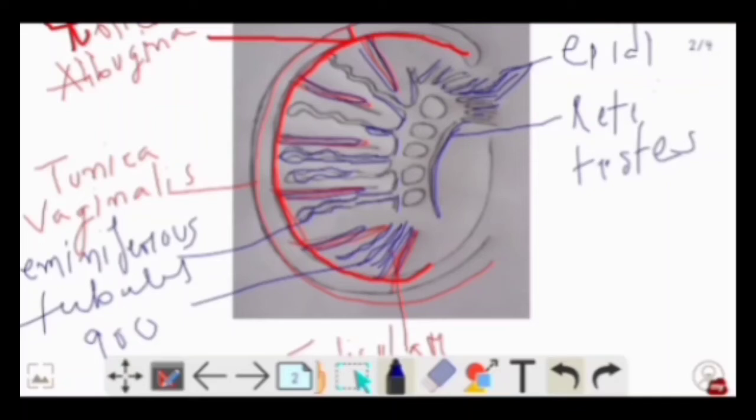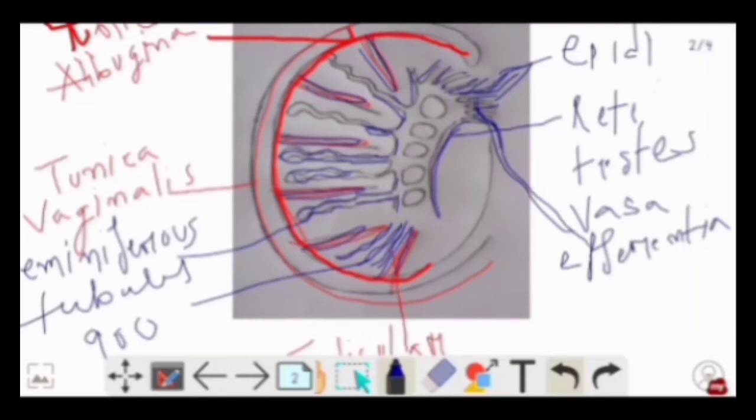These small open tubes or pore-like structures are called vasa efferentia.